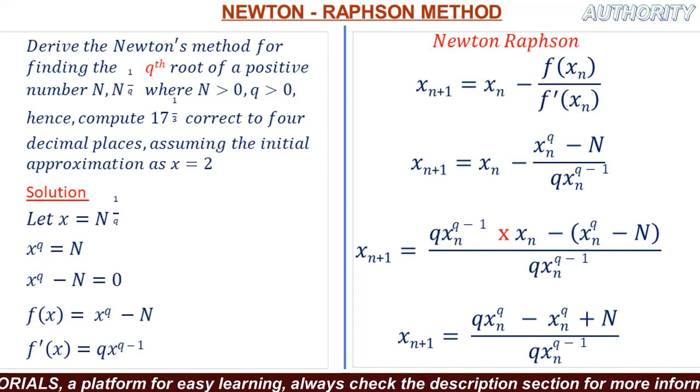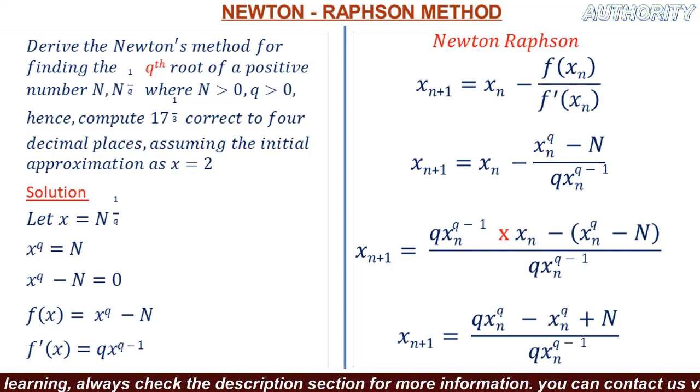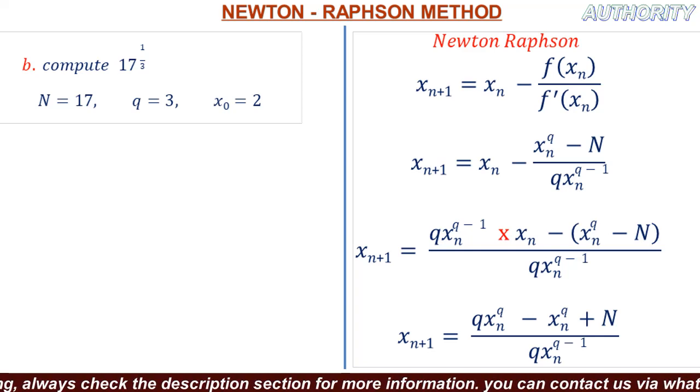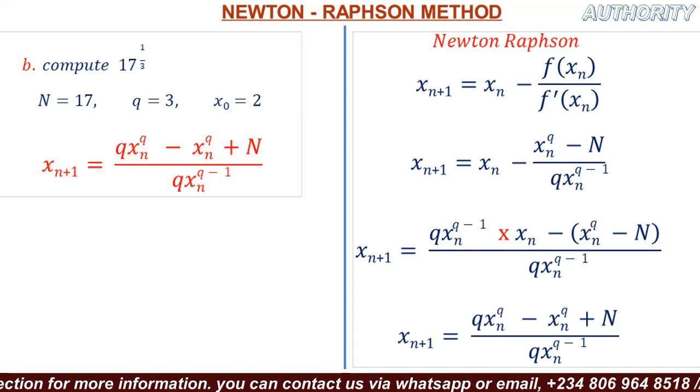Now the B part says, hence compute 17 raised to the power of 1 over 3. Here n is equal to 17, q is equal to 3, and our starter, x0, is equal to 2. The formula we just derived is this.